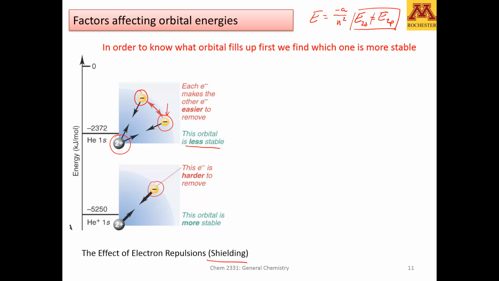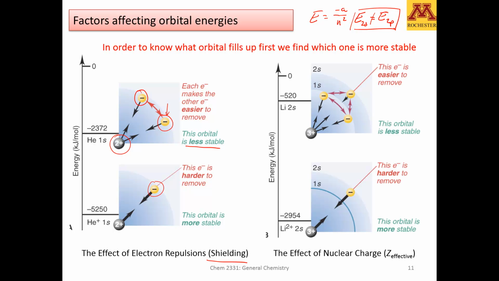A very related property to shielding is what we call the effective nuclear charge. In other words, what charge does the specific electron feel after the shielding?